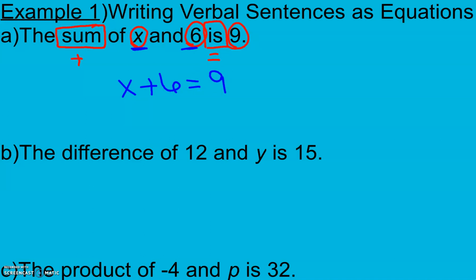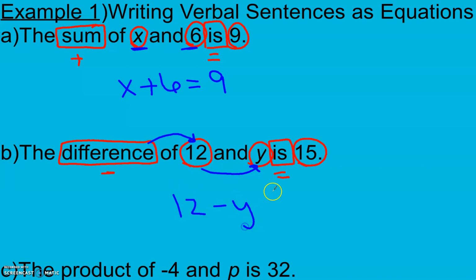The difference of 12 and y is 15. Difference means I'm going to subtract, so 12 minus y equals 15.